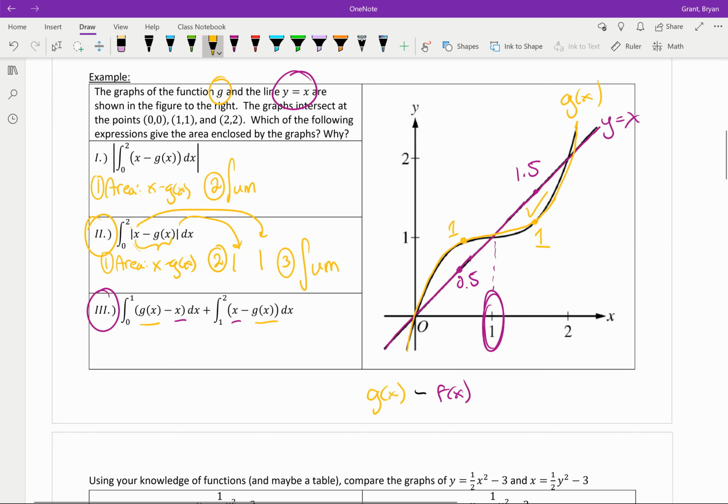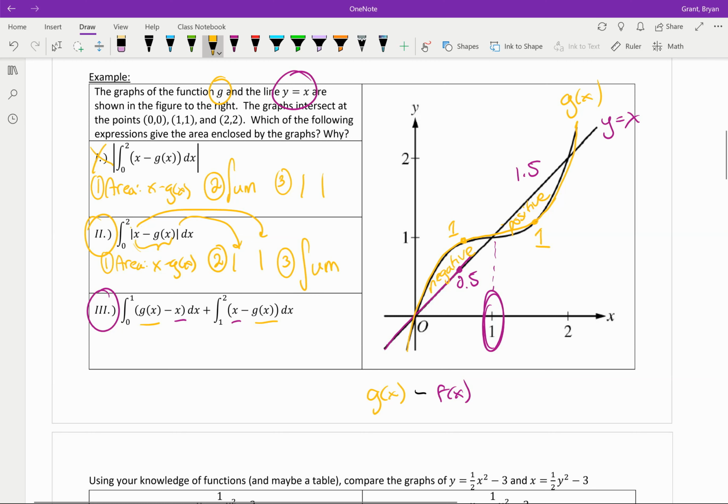So that means they're going to find some negative areas here, some positive areas here, and then sum those two up. Well, those areas look the same to me. If you add a negative and a positive up, that's going to give you 0. And then it's going to apply absolute value at the very, very end. Oh, so I think by order of operations, this one is a no-go. So 1 doesn't work, 2 and 3 do.